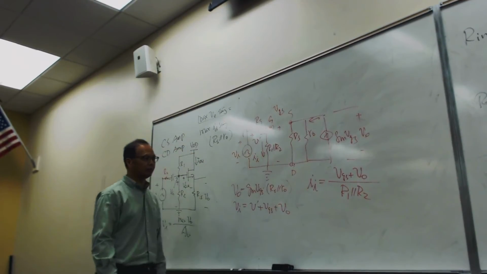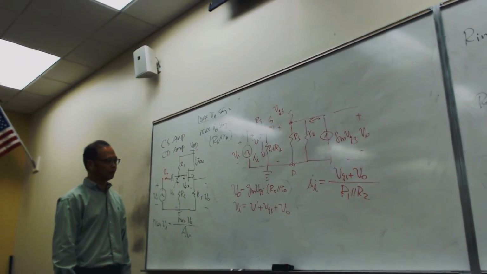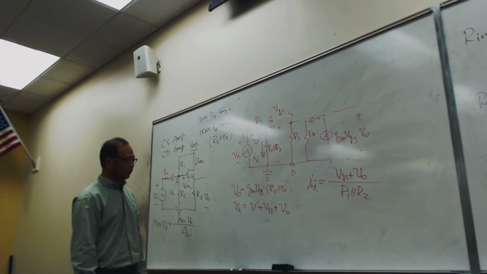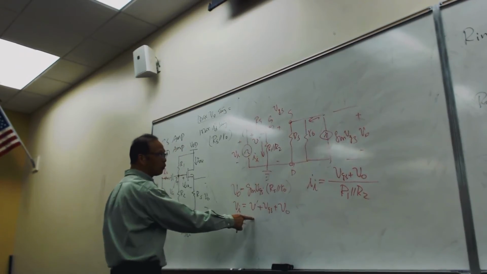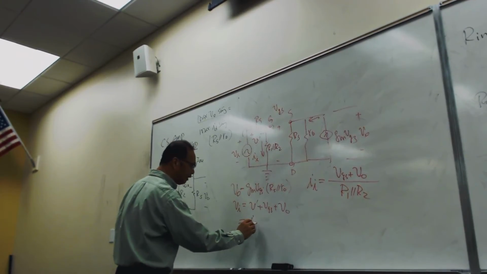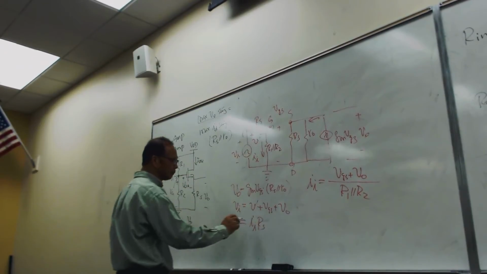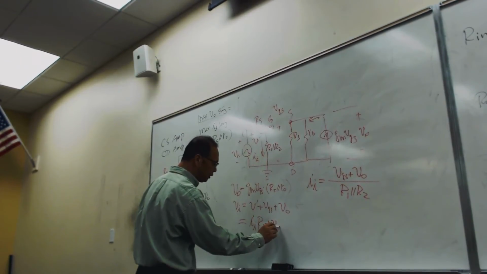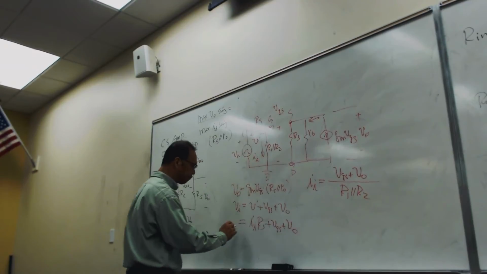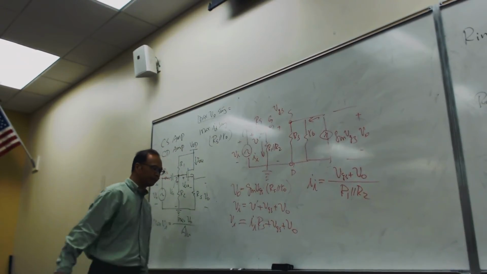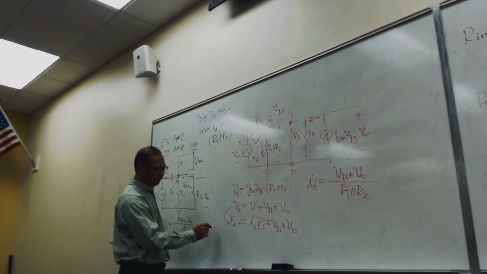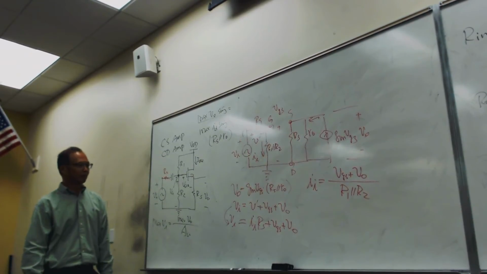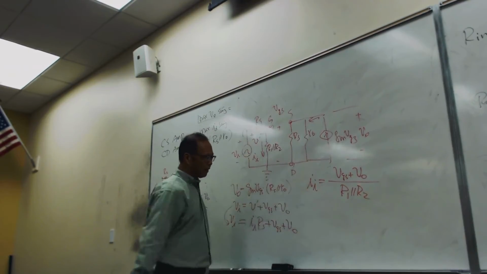So V sub prime is I sub I R sub S plus VGS plus V sub O. So that's V sub I, from here to here. And I sub I is here.